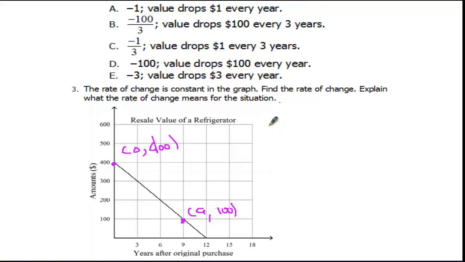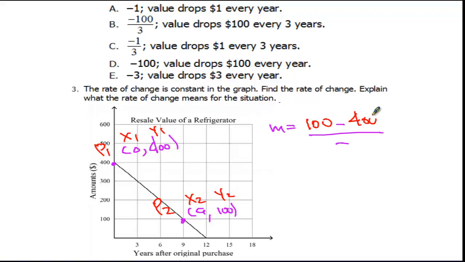So using our slope formula, if this is my point 1, x1, y1, then point 2, this will be my x2, y2. So using the slope formula, we will have y2 minus y1 over x2 minus x1. 100 minus 400 is equal to negative 300.